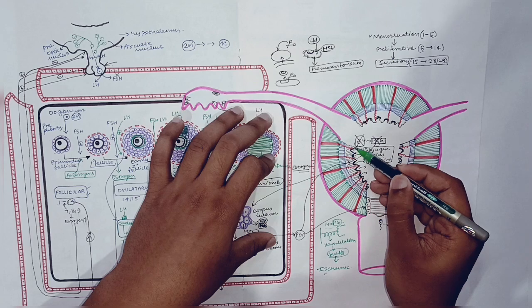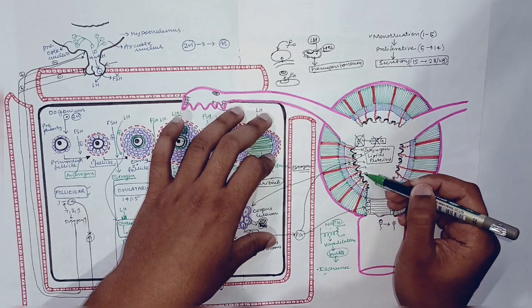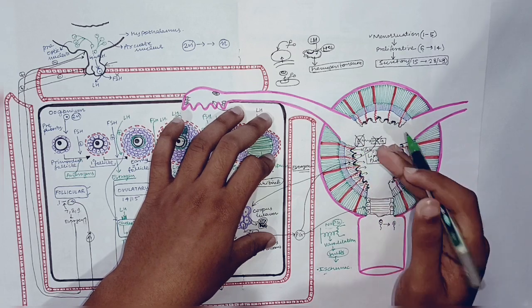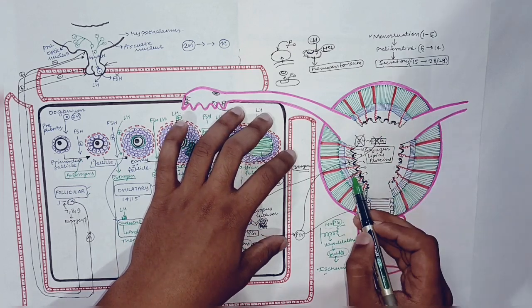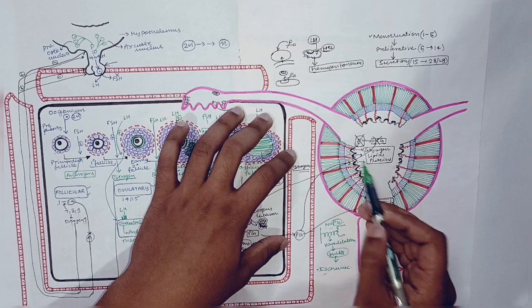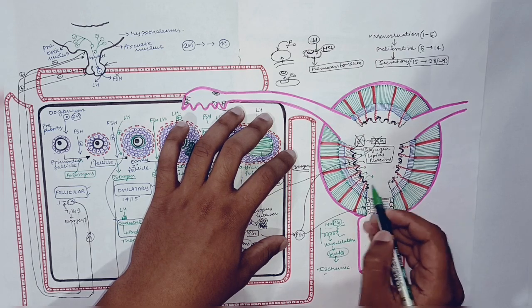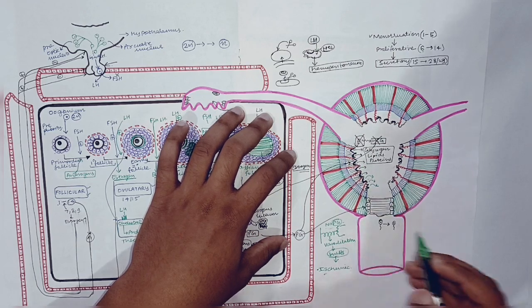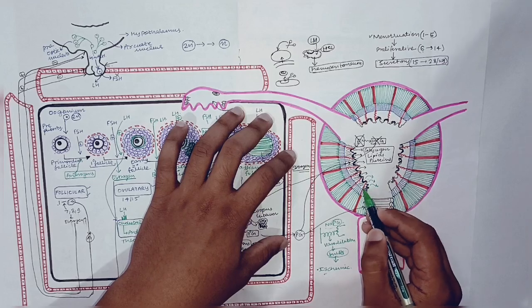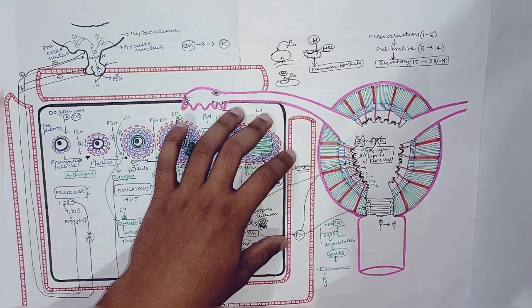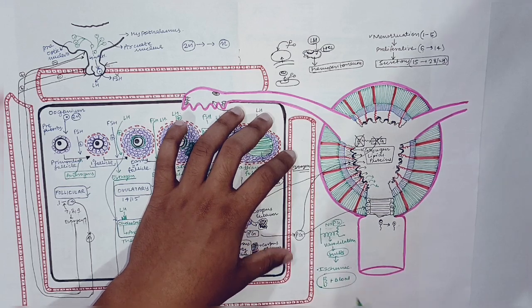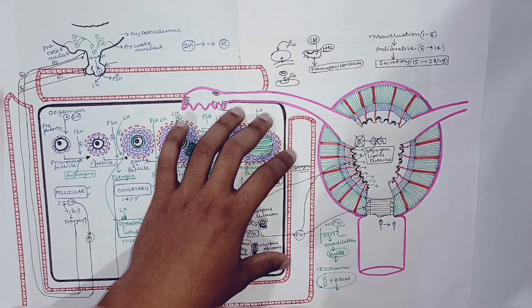Now in the ischemic condition, this tissue, that's your stratum functionalis, will become dead. And what happens is that in the late secretory phase, it sheds off. So the accumulated blood and the stratum functionalis layer shed out and create bleeding.